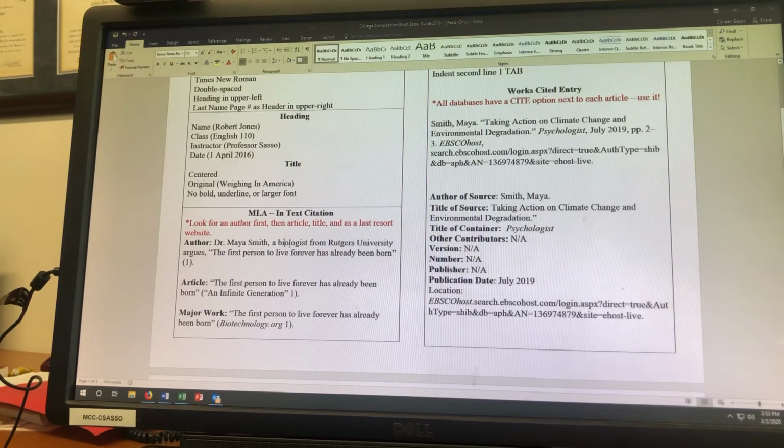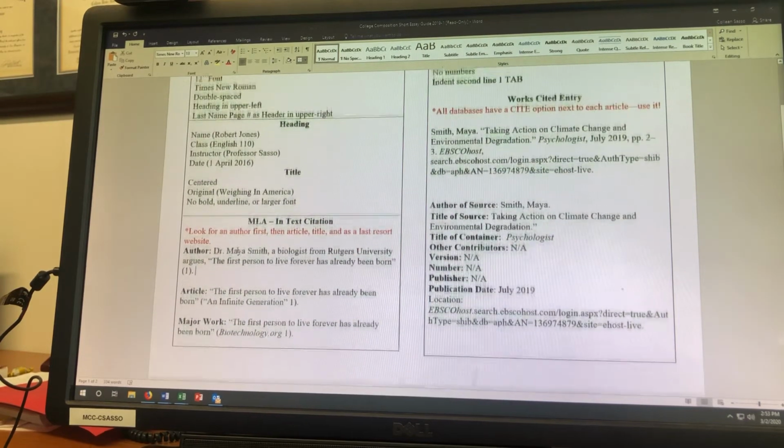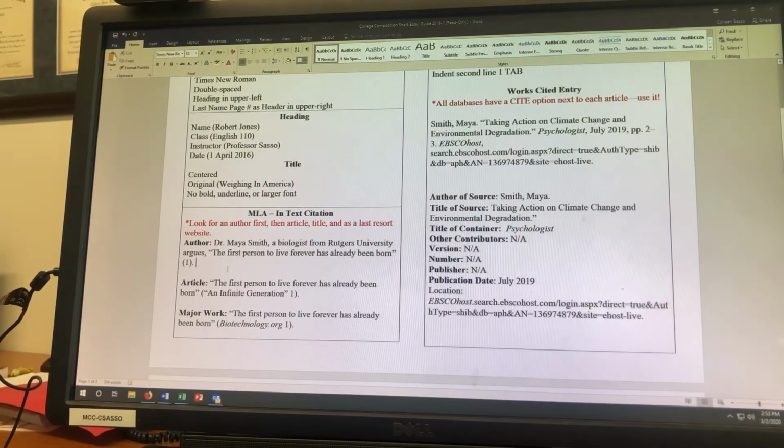I think it's smart to do it like this. This is introducing the author and where you got the source information from before you put the quotation in. That's helpful because you're not just dropping a quotation in the middle of your paragraph. You're giving the reader some idea of who Dr. Maya Smith is, and then you're putting her direct quote right there.